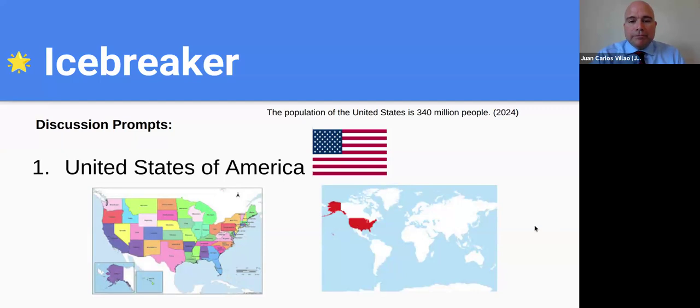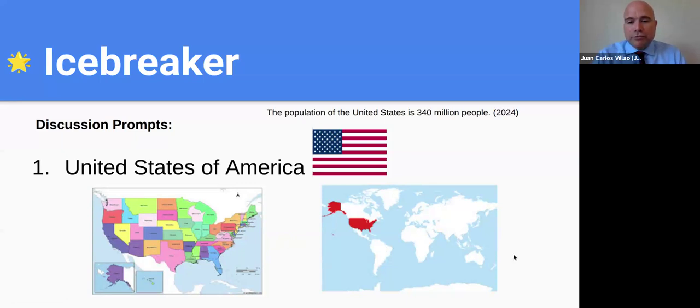You can see in this map the beautiful American flag. You also see the United States on the world map, shaded in red. And these are the 50 states: Alaska, Hawaii, Florida, Texas, California, and all these beautiful states. In all these states of the United States of America, English is spoken.